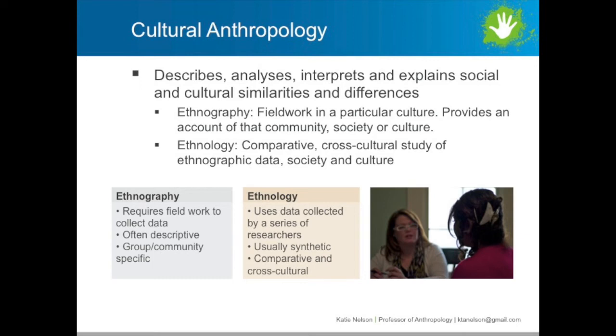Cultural anthropologists describe, analyze, interpret, and explain social and cultural similarities and differences across these different groups around the world. There are two ways that cultural anthropologists do their work. The first one is ethnography. This is a very important term that you understand.